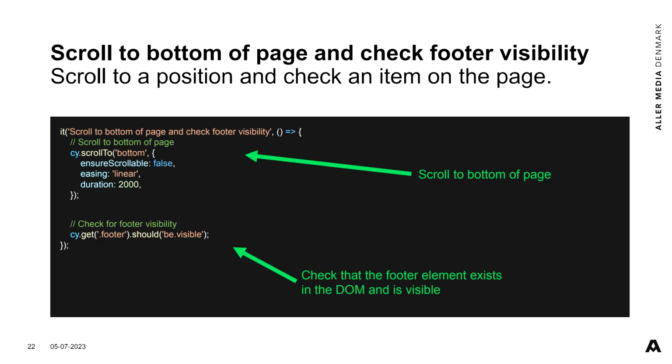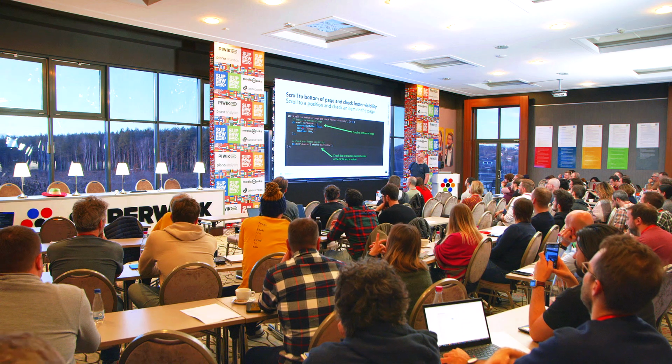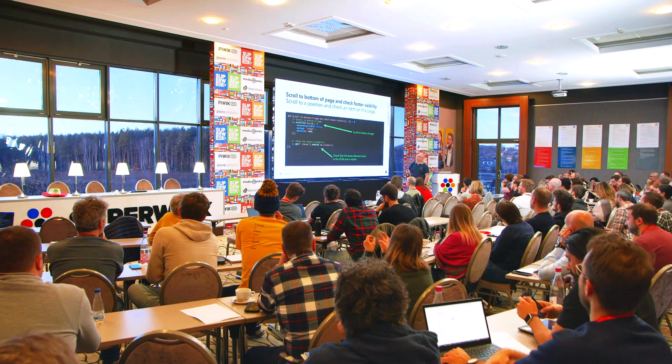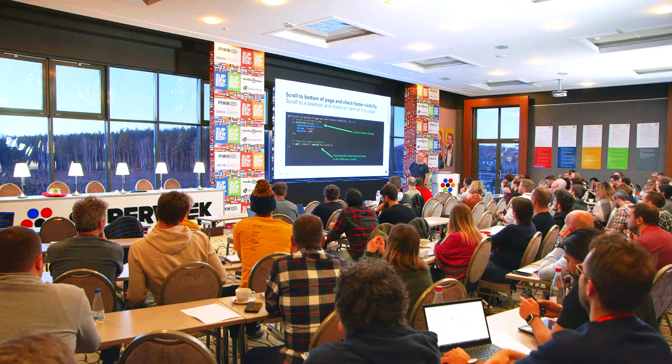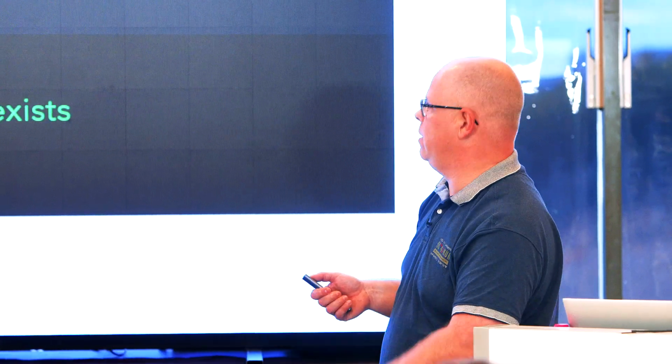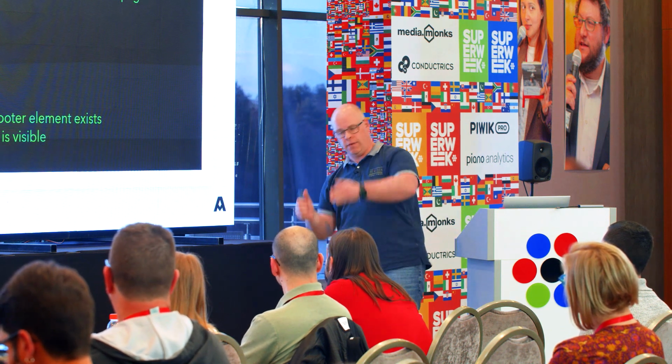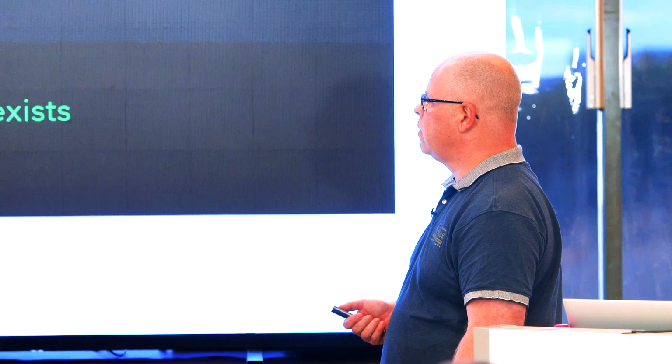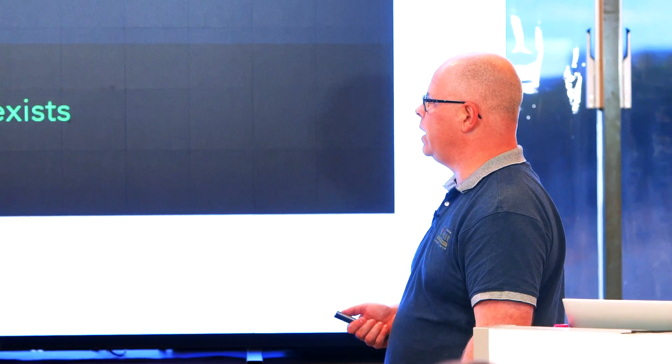So I tell it to scroll to the bottom, again a reusable helper method. And I'm also telling it to use a duration of 2000 milliseconds and ease in linearly, so that it scrolls, in my head, more like a human. And then, quite easily enough, I say get footer.